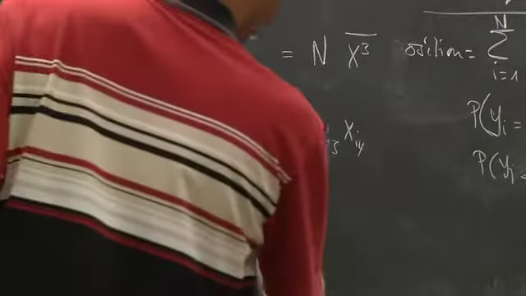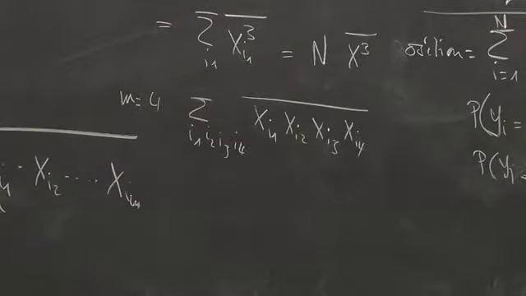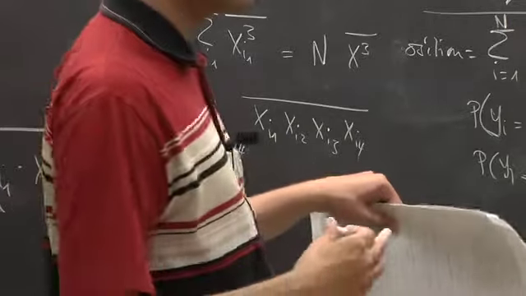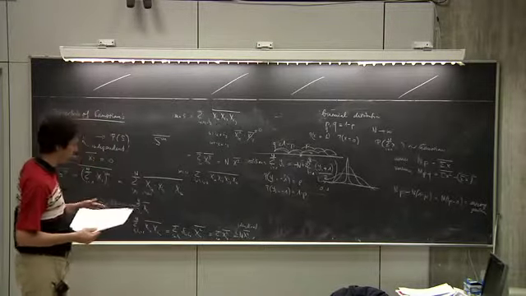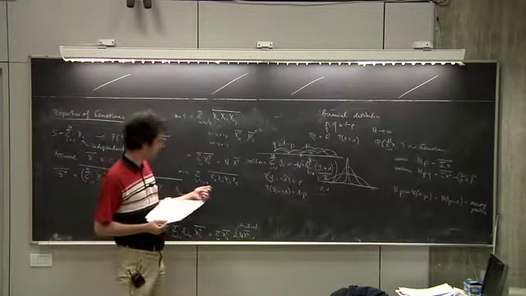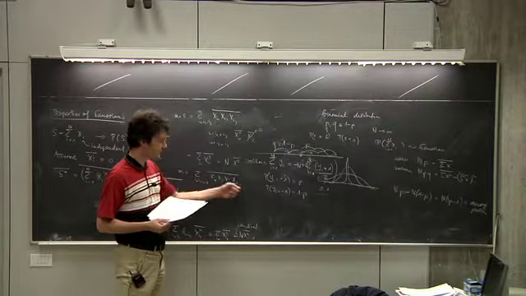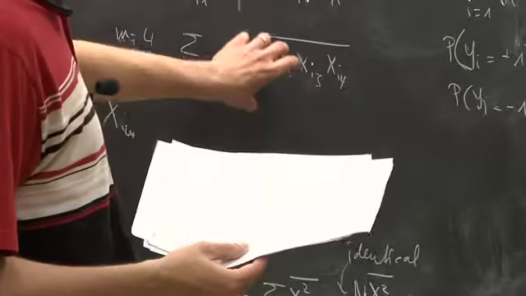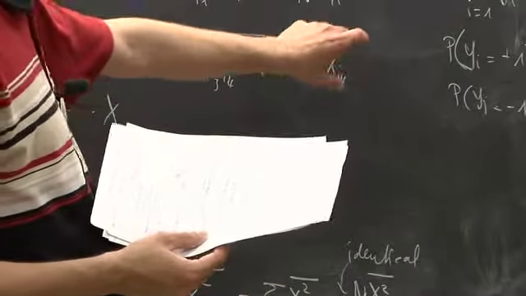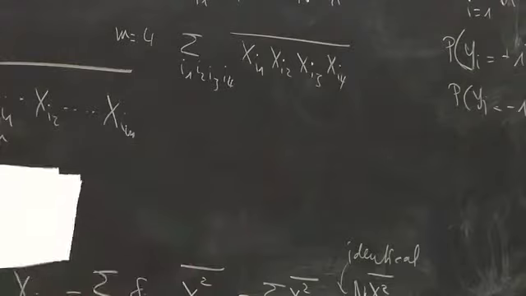If I take here an average, then let's understand which combinations of indices give you non-zero results. I cannot have an index that is not equal to another one, because then that index can be taken out independently under this product, and then it is killed to be 0.